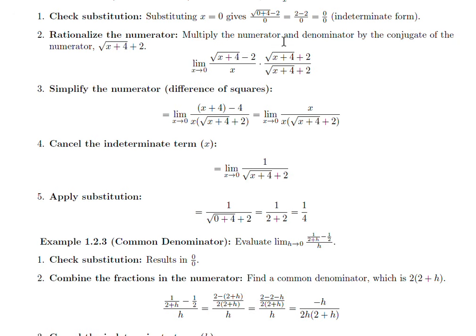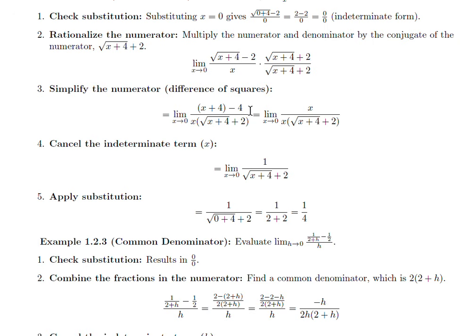Of course, it's a binomial against another binomial, so you multiply pointwise, that is root x plus 4 times root x plus 4, then plus root x plus 4 times 2, then minus root x plus 4 times 2, and then minus 2 times 2, right? So that gives us this at the end of the day. The two terms in the middle we cancel out, that is minus 2 times root x plus 4 and plus 2 times root x plus 4. Those ones cancel out, we'll be left with just x plus 4 minus 4, which is x.